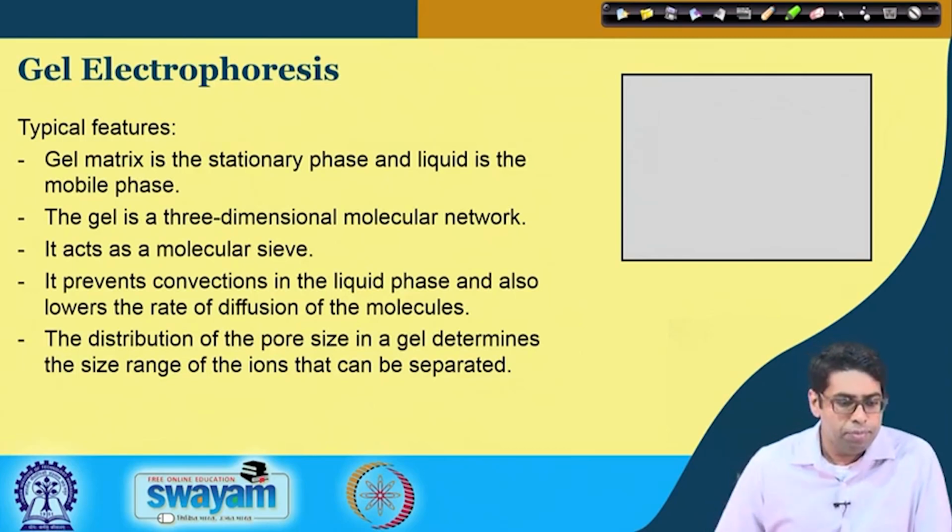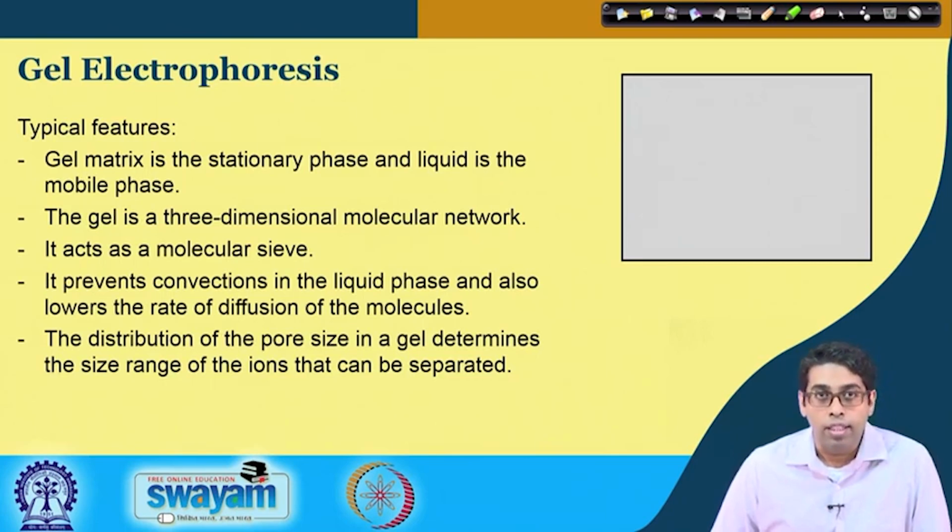These are some of the typical features of gel electrophoresis that are listed here. There are two phases: one is the gel matrix, which is the stationary phase, and another is the liquid, which is the mobile phase. The liquid is basically the buffer that we use, which has various ions. The gel matrix is made up of some polymer.